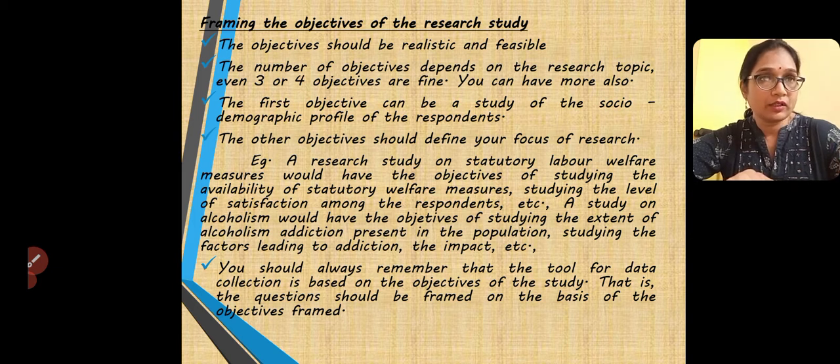If it is HR, the department in which they work, the number of years of service, and so on. It can also be marital status, place of residence, either urban or rural, and many more. You can include 8 to 10 questions based on socio-demographic factors.